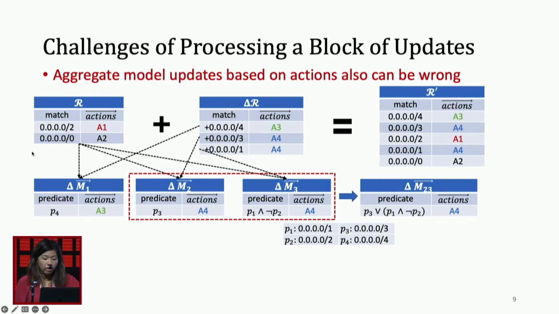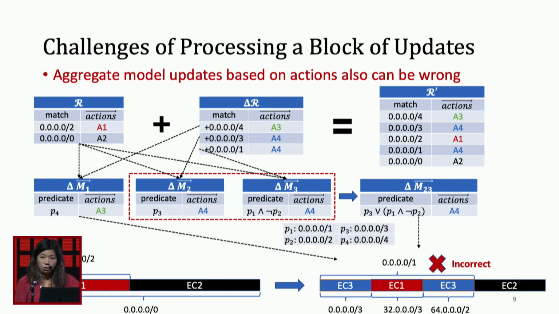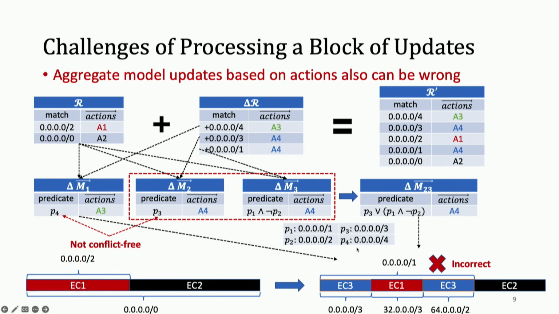If we want to combine the last, delta M2 and delta M3, because they share the same action, we may end up with delta M23. However, this is also not correct. The reason is that delta M1 and delta M2 are not conflict-free. P4 and P3 actually have overlap. So if we blindly combine either models or rules without considering the potential overlap between predicates, this can often lead to inaccurate answers.